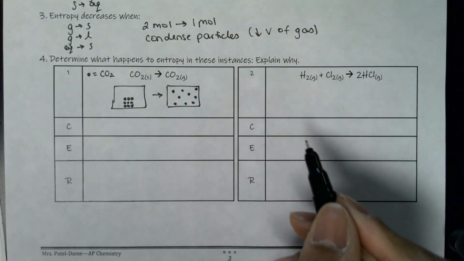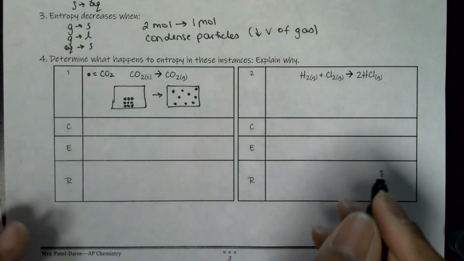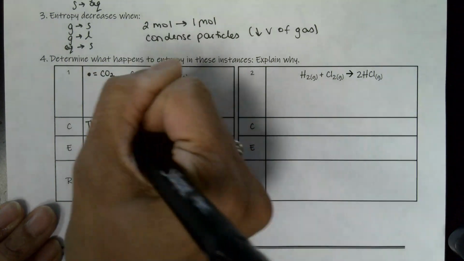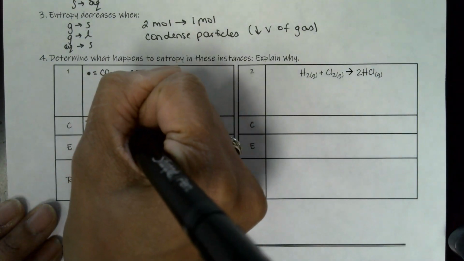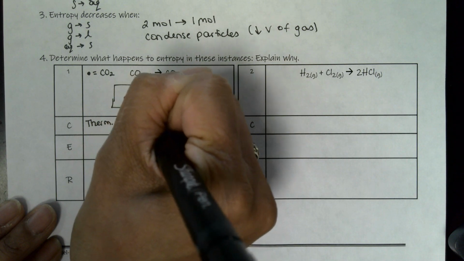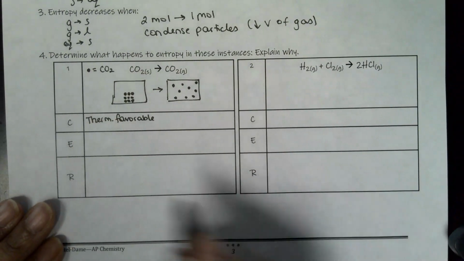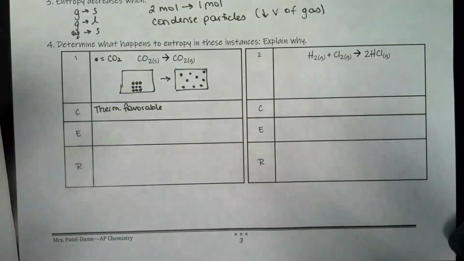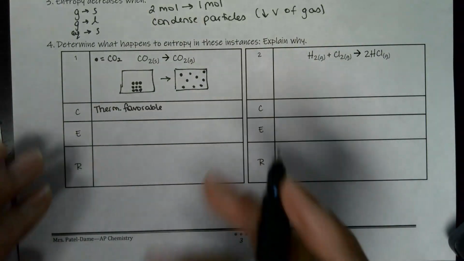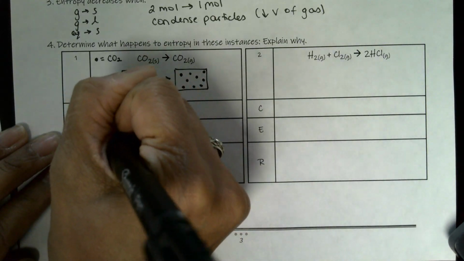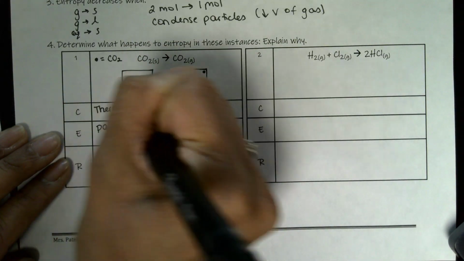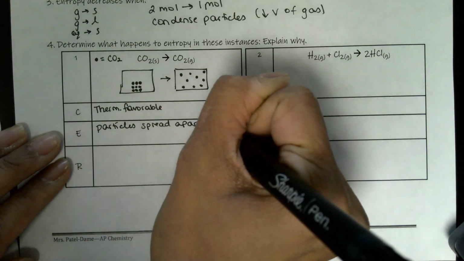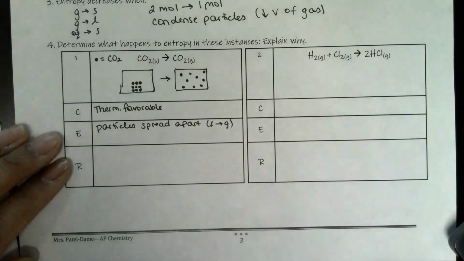So let's think about this. Is this thermodynamically favorable or not? We will say this is thermodynamically favorable. I'm just going to write therm favorable. For the claim, the particles are going from a solid to a gas. And the evidence, we're just showing what's happening: particles spread apart, solid to gas.